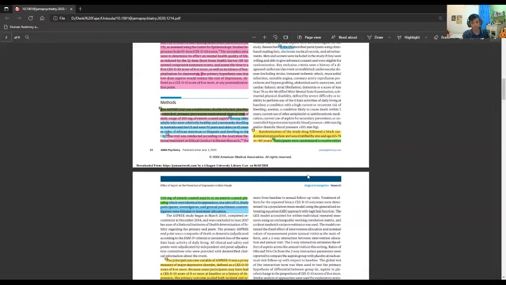Okay, so let's go ahead to the point number 10. Point number 10 is here, right? Yeah, okay. So point number 10 is the implementation. So who generated the random allocation sequence, who enrolled the participants, and who assigned the participants to the interventions?